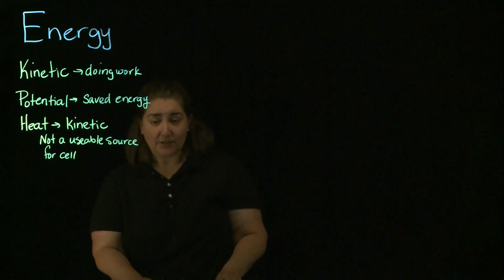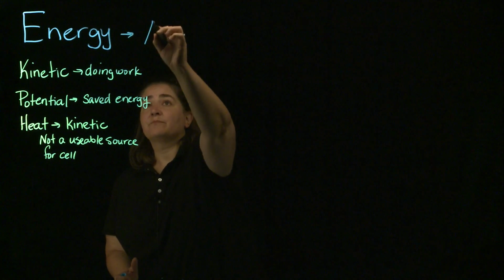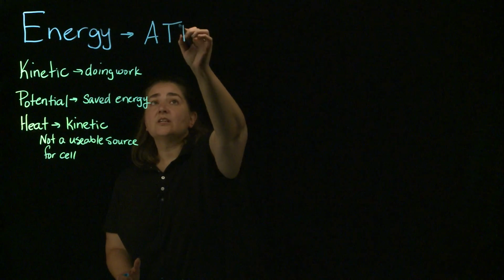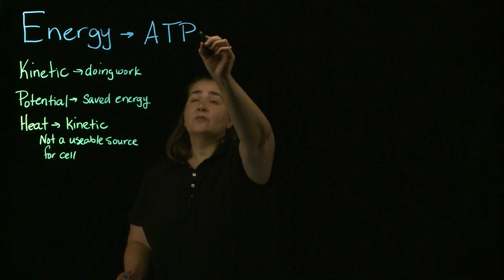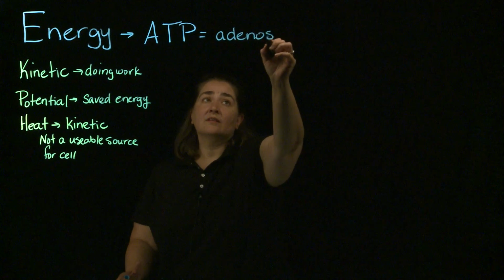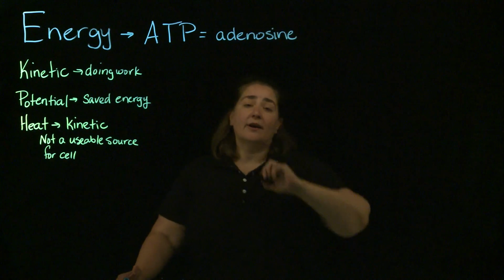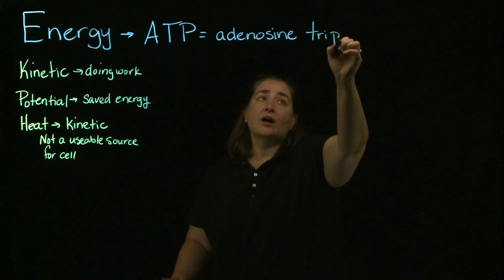Now, what we want to talk about today in terms of energy, when we're talking about the cell, is energy in the form of ATP. And I defined this before. ATP is our adenosine triphosphate.